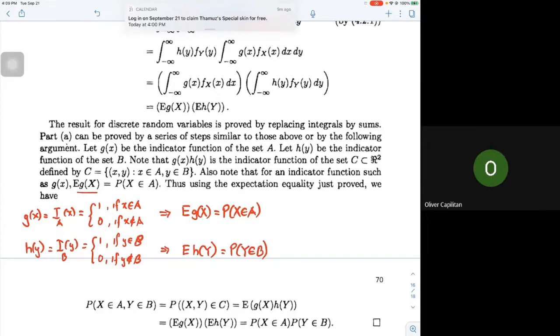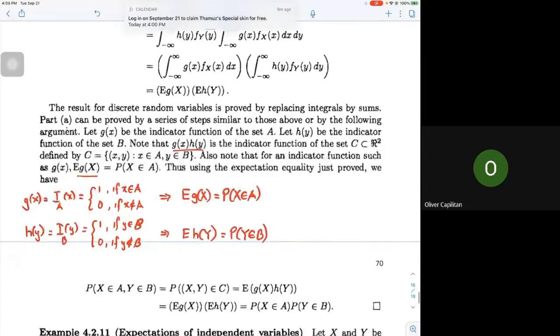Take note of this, the indicator function, which is the product g of x and then h of y. Okay, so the probability that x is an element of A and y is an element of B, take note of that. According to our definition, we have here the probability that xy is an element of C. From here, x is an element of A, y is an element of B. So this ordered pair of random variables should be an element of C. Okay, we have that.